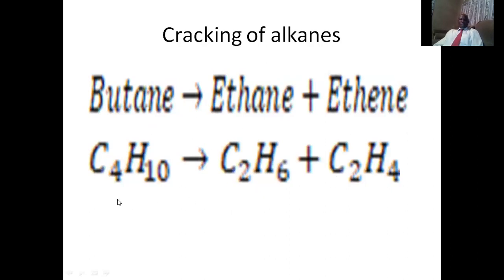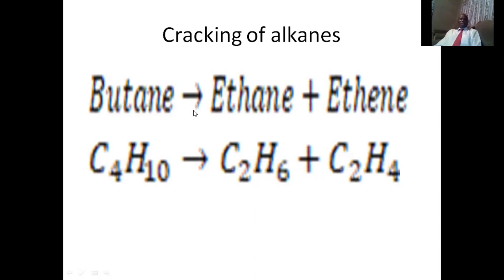So you notice that the number of carbons and hydrogens does not change. There are 4 carbon atoms here, and on the product side we also have 4 carbon atoms, 2 and 2. For hydrogen, we have 10, and on this side we have 6 plus 4, which is 10.